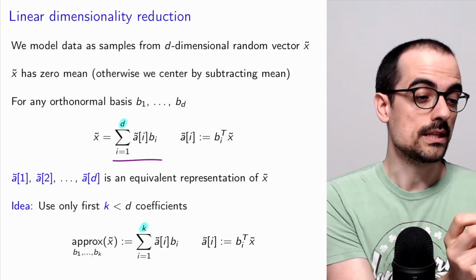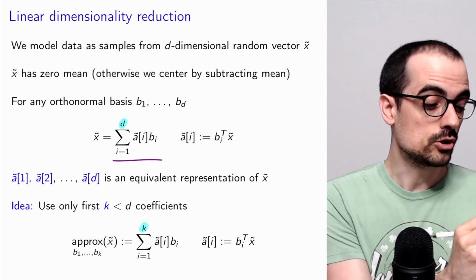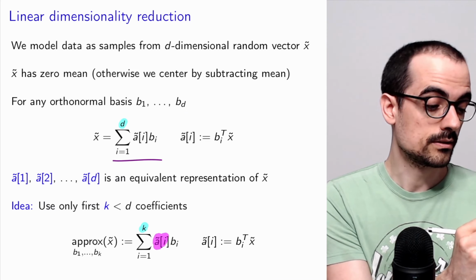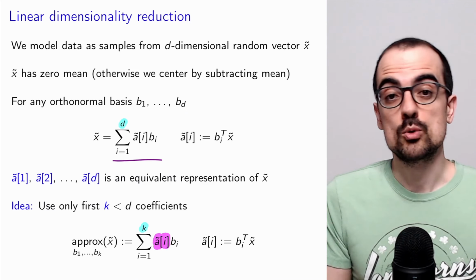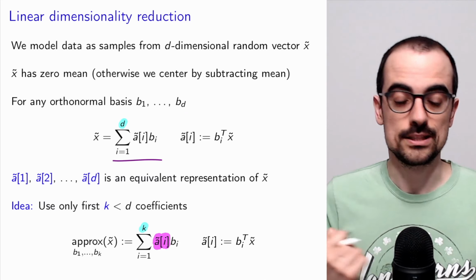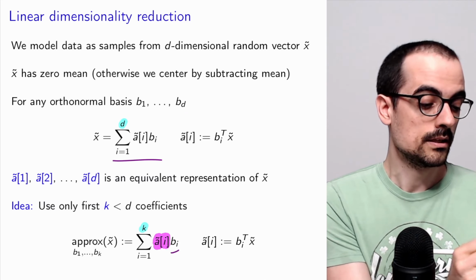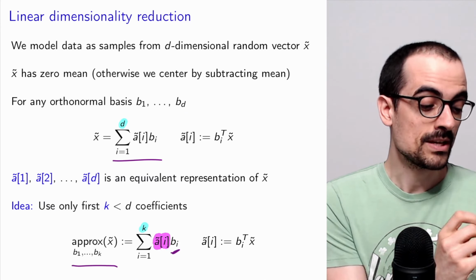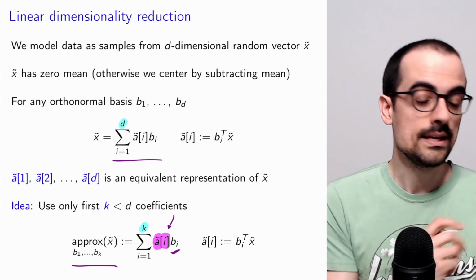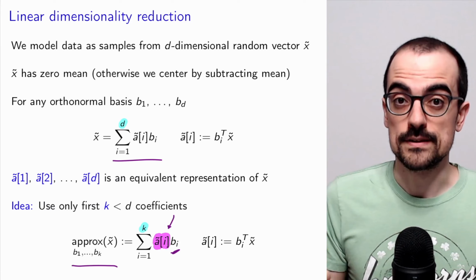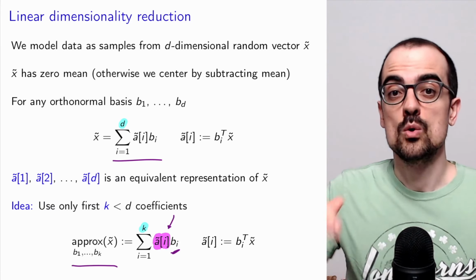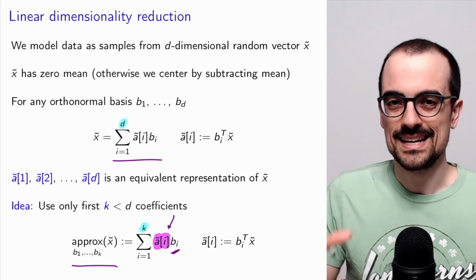Notice that at the end of the day, the representation is going to be in terms of these coefficients. But if we want to check how well we're approximating the original vector, we still need the basis vectors if we want to build this approximation. But the actual representation, I want to emphasize, is based on the coefficients. This will become much clearer when we look at some examples in a few moments.